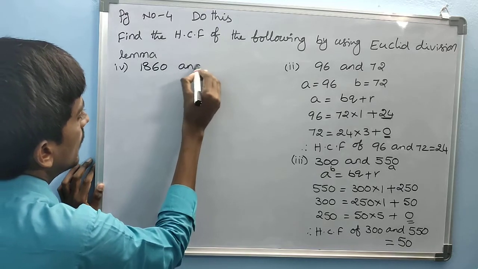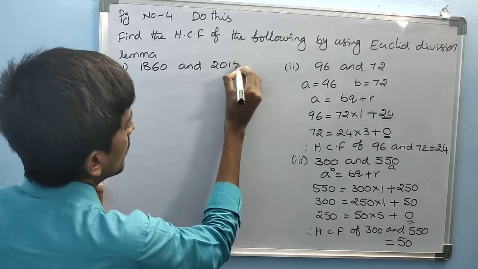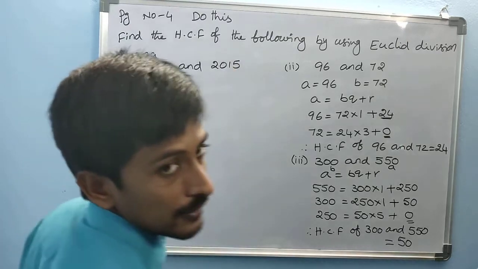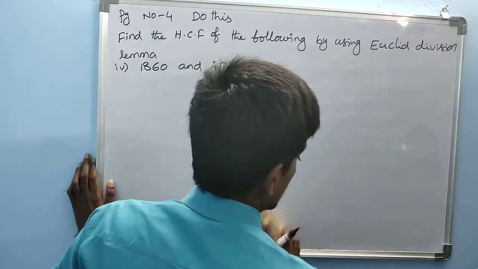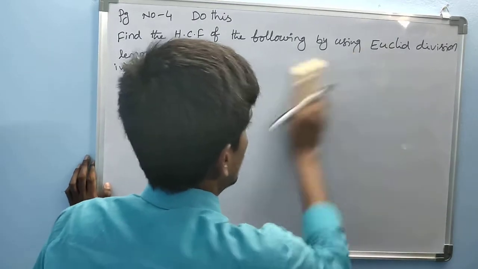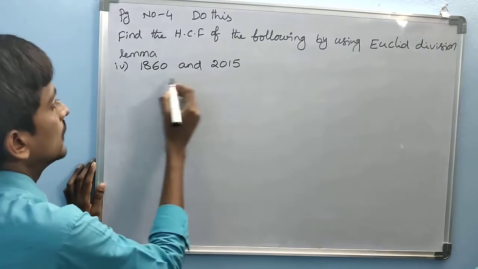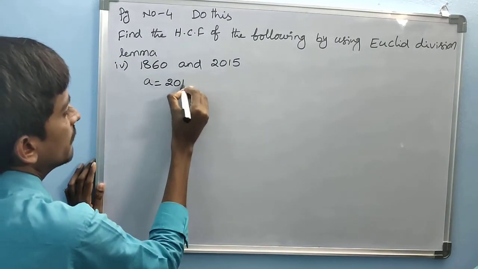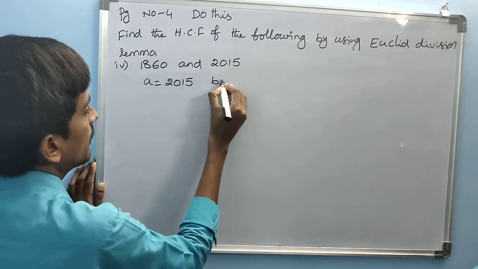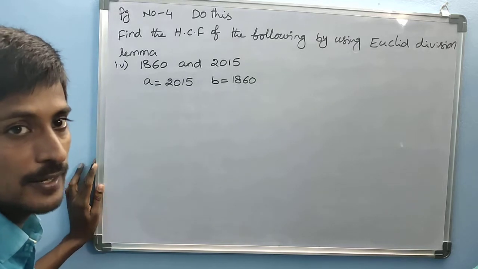1860 and 2015. Okay, listen to the answer. A equals the bigger number 2015. B equals 1860.